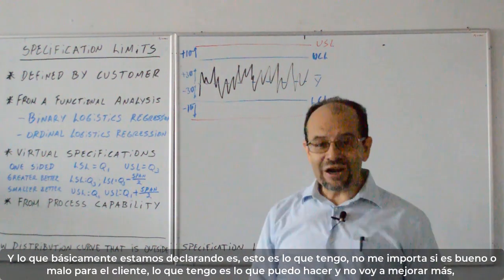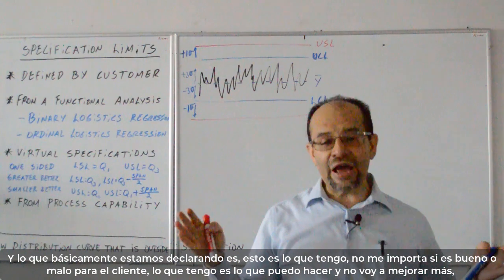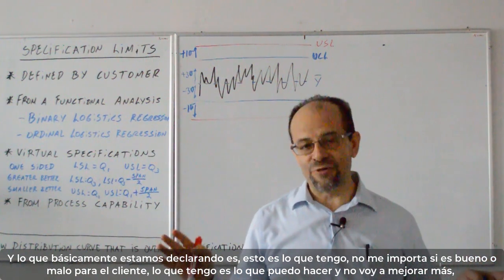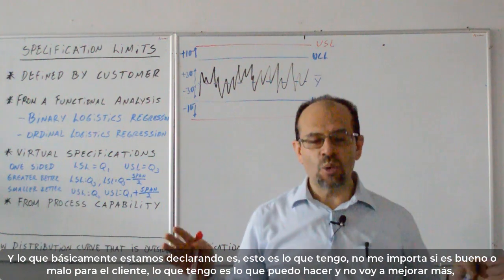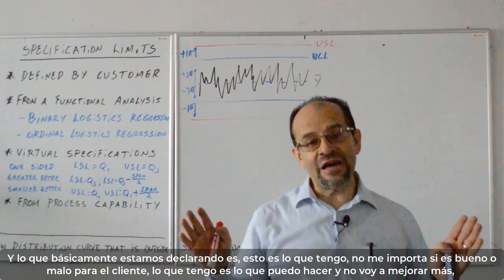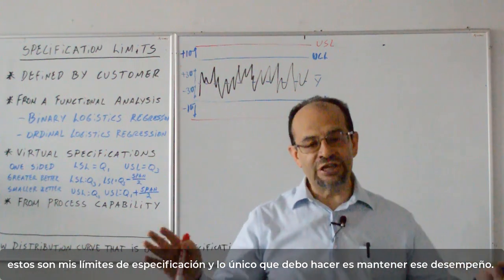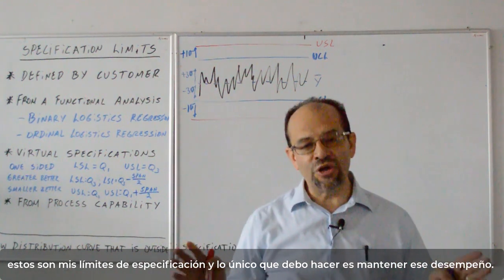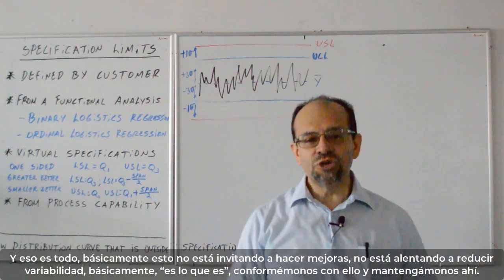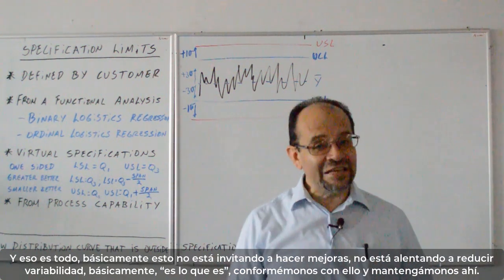And basically what we are stating is, this is what I have. I don't care if it's good or bad for the customer. What I can do is what I will do, and I won't improve anymore. So this will be my specification limits, and the only thing that I have to do is to maintain that performance, and that's it. So that's not inviting improvements.